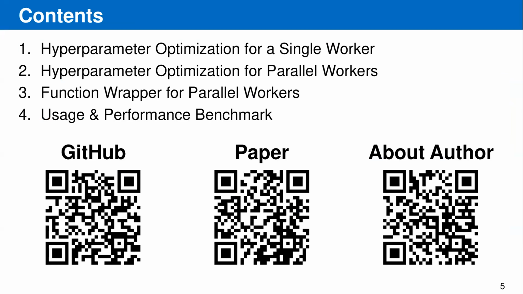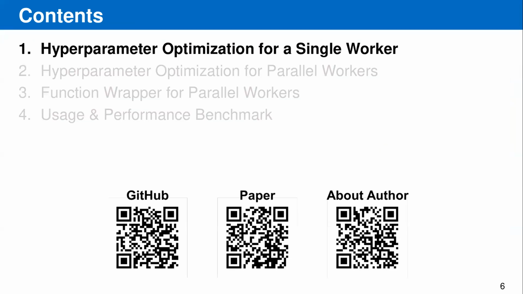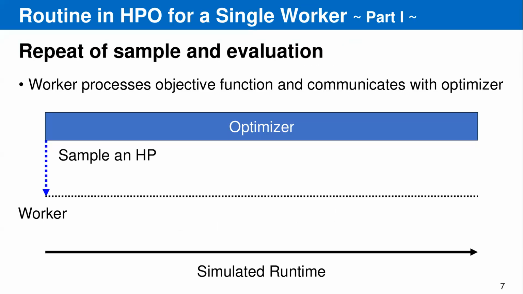Here are the contents of this presentation. First, I will present the workflow of hyperparameter optimization. In the visualization, the horizontal axis shows the runtime of hyperparameter optimization. We first sample a hyperparameter configuration.